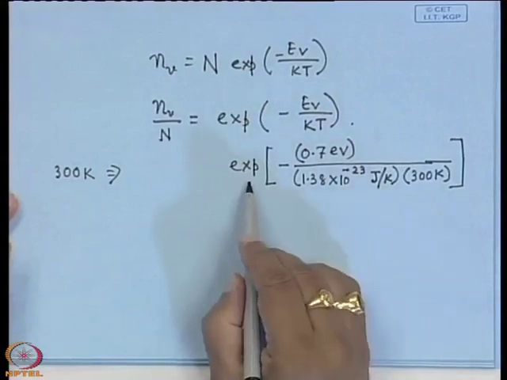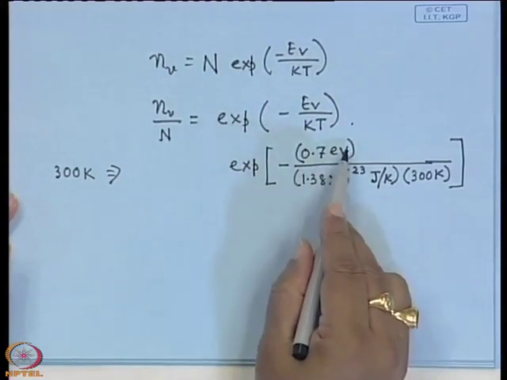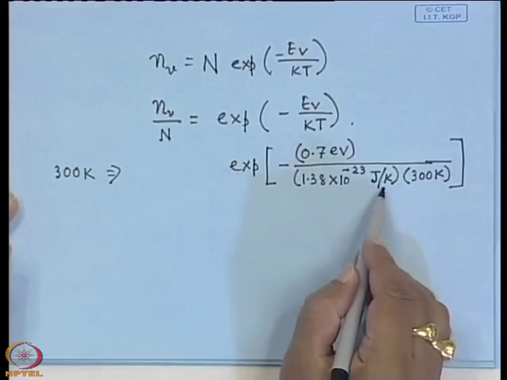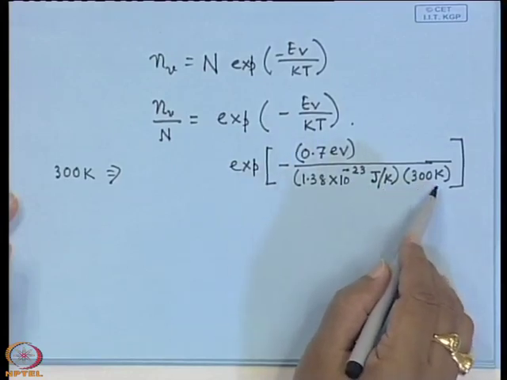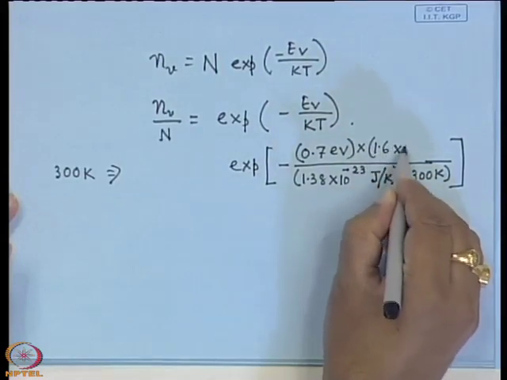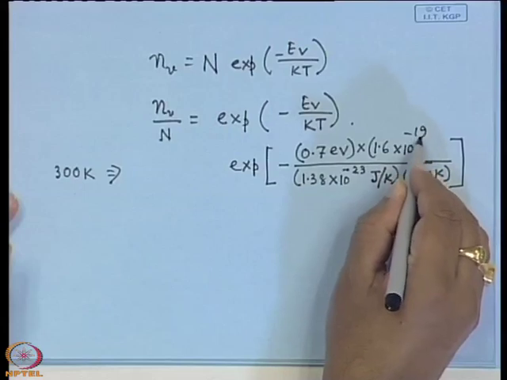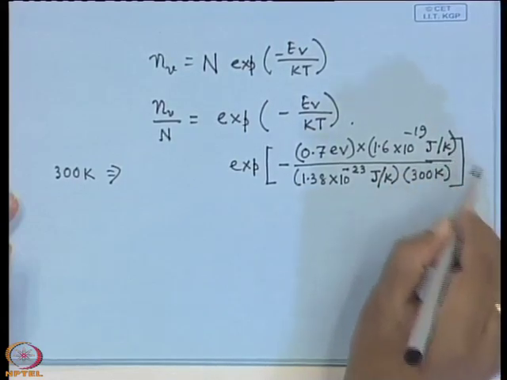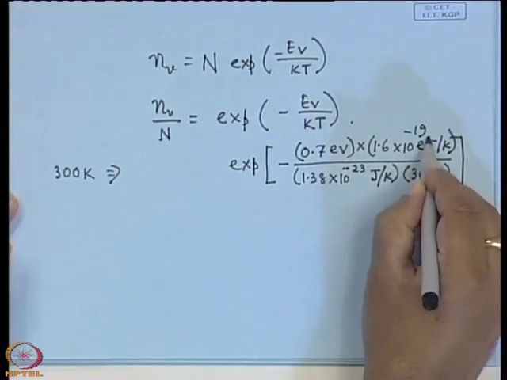Exponential of minus 7 eV divided by 1.38 into 10 to the power minus 23 joule per Kelvin multiplied by 300 Kelvin, and it will be 1.6 into 10 to the power minus 19.